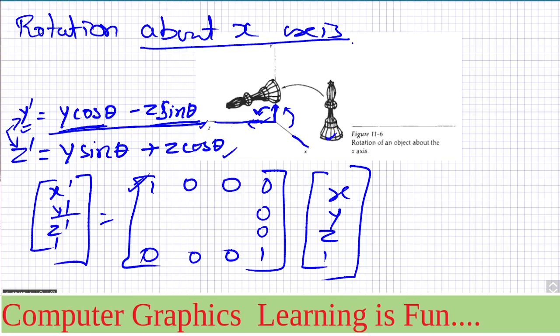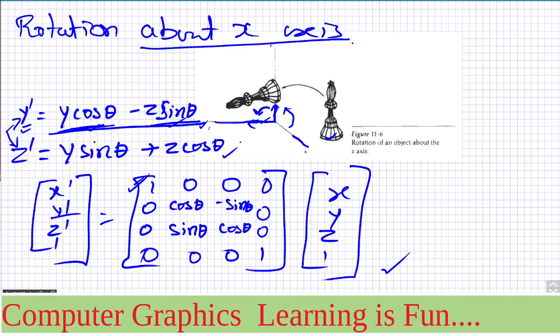So for y, the equation is y with cos theta and minus z sin theta. So here I believe it will be 0, cos theta, minus sin theta. Am I writing correctly? Yes, sir. 0, sin theta and cos theta.